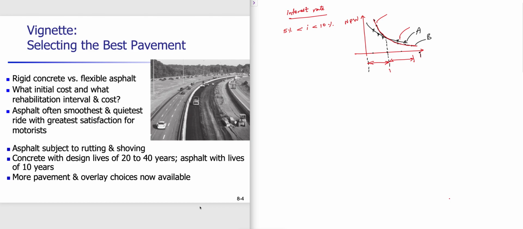But if it's rigid concrete, let's say it is slightly less fuel efficient. But rigid concrete has better safety compared to asphalt. So we take all these into account and then we come up with an answer. For that scenario, I think asphalt is better. For local roads, I think rigid concrete is better. So we come up with a solution.